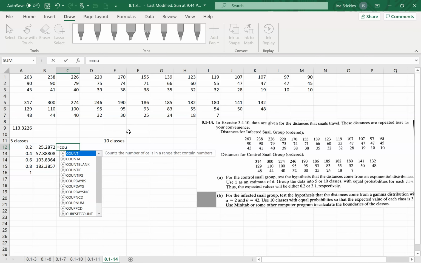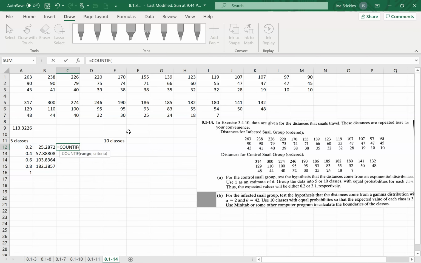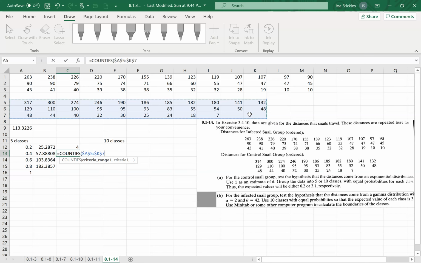So the first one will be COUNTIF our range of data is less than the number that's in B12. The second one, we'll use the COUNTIFS command. We want to know how many of the data values are greater than that 25 one, and also less than that 57 value.